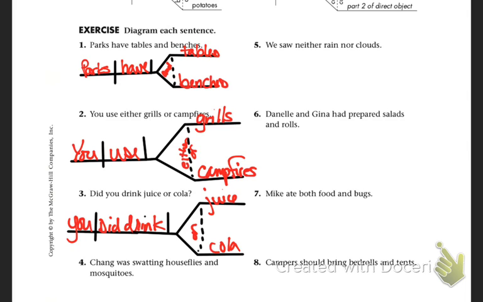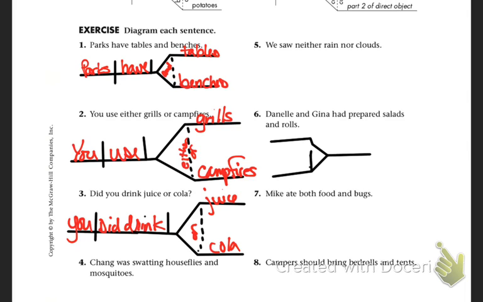All right, so Danielle and Gina, parallel line, triangle, down, down, over, had prepared what?